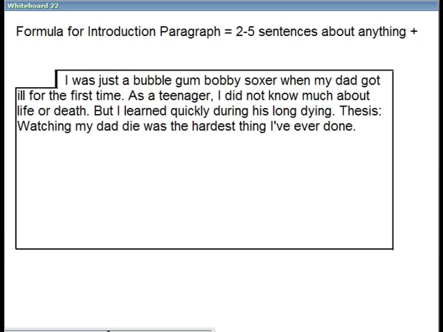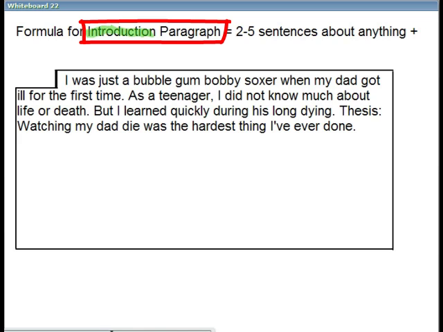Literally, I want you to write down your thesis at the end of a paragraph, or at the end of a page, or at the end of a half page, and I want you to write any series of sentences as long as you lead into the thesis statement. Because remember, let's think about what this word means right here.